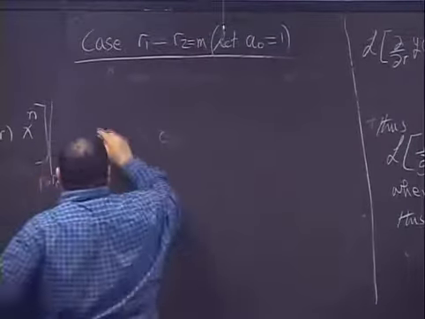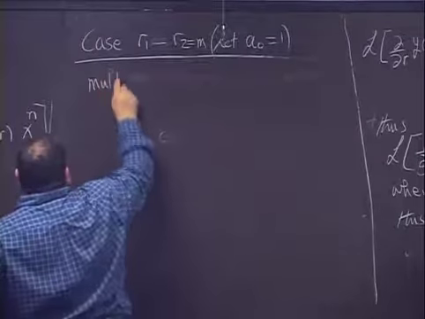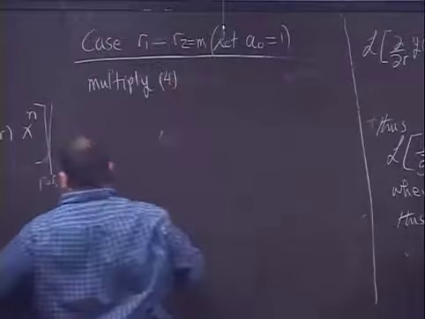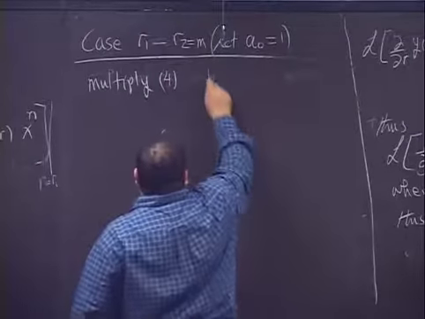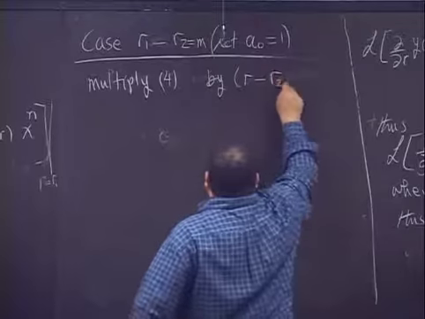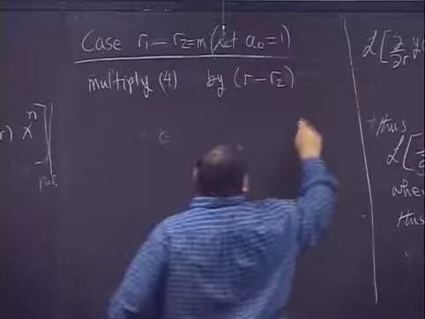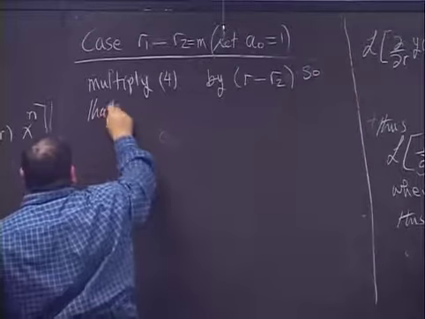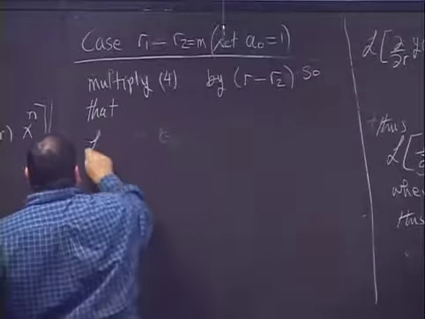So we will multiply equation number 4 by r minus r2, so that the linear operator is here.